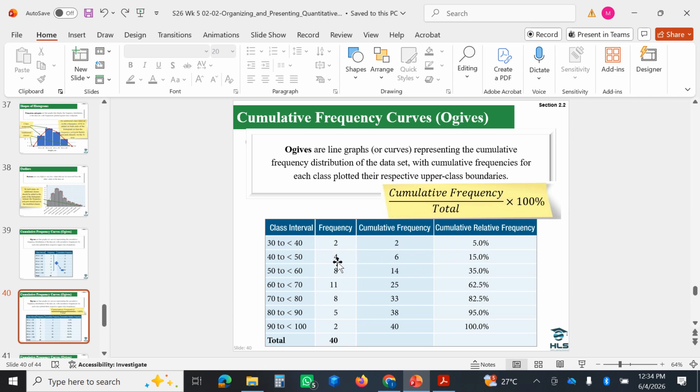Oh, sorry. 4 divided by 40 there is 10%. 10 plus 5 is 15. Remember, you're adding these guys up as you go. And just as much as that number here is 100% and will equal that number. When you're dealing with percentages, that number there should be 100%. 100% equates to 40, which equates to all the data. Okay.